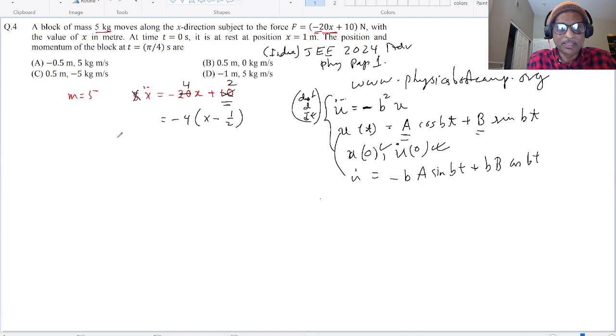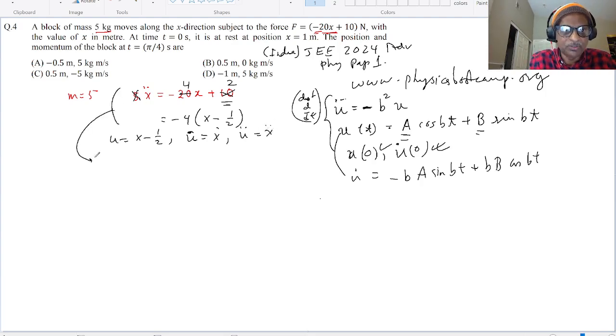If I say u equals x minus half, u dot will be x dot and u double dot will be x double dot.